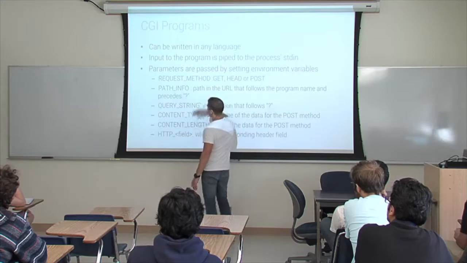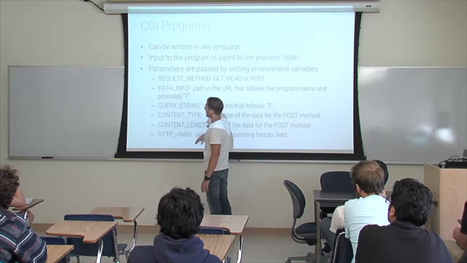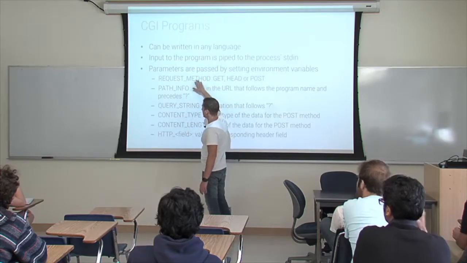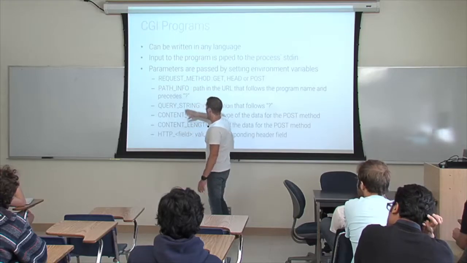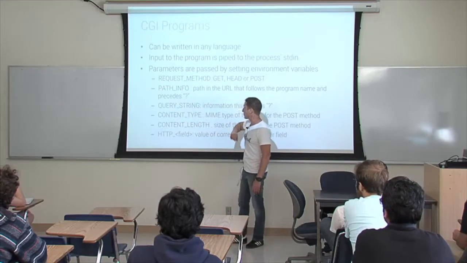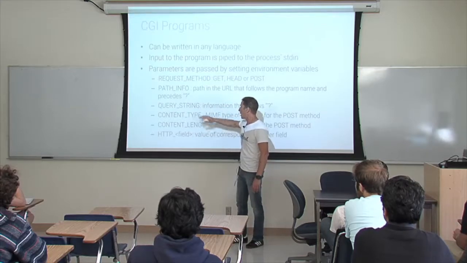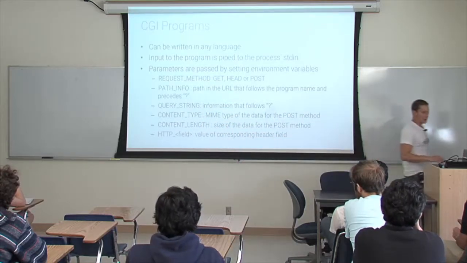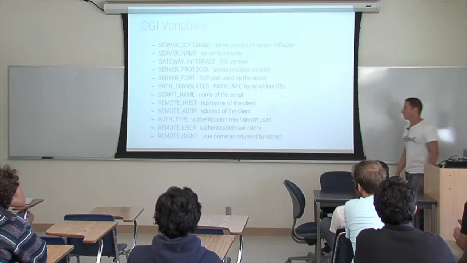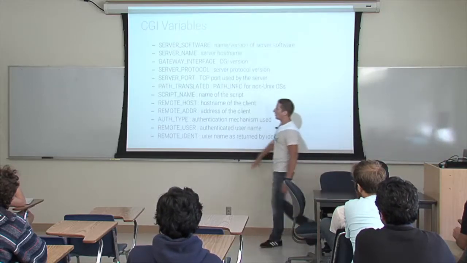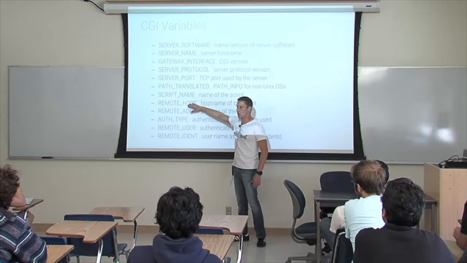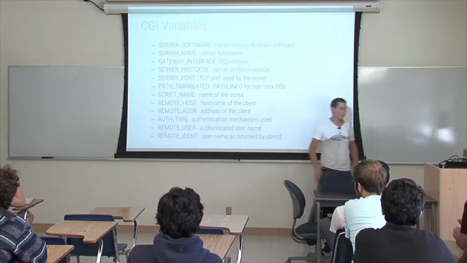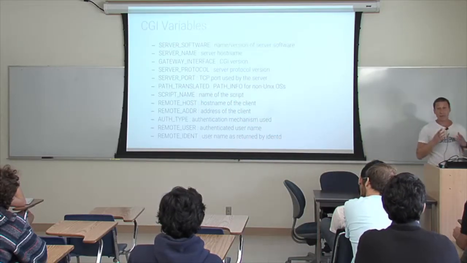And all this other information is passed as environment variables: the method that was used, the path info after the program and before the question mark, the actual query string, content type, content length, and a bunch of HTTP fields. And here you can see a bunch of variables that are set up, such as what remote host invoked this method, and so forth. So this is the basic way.